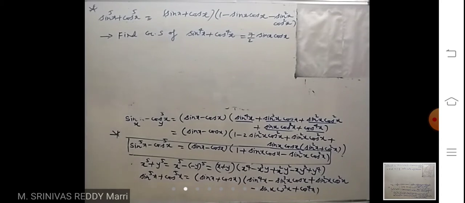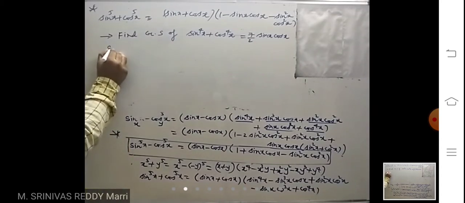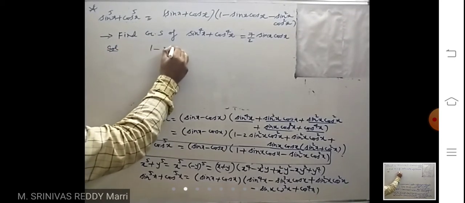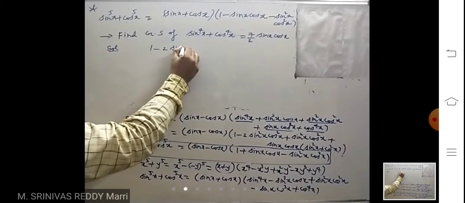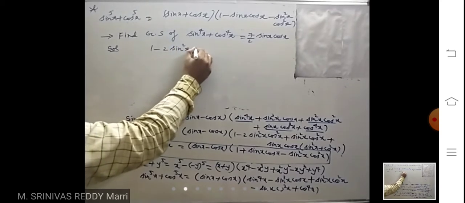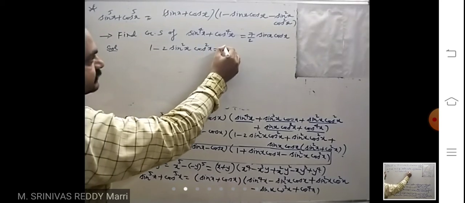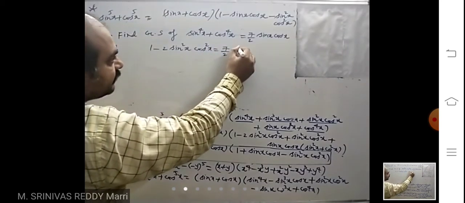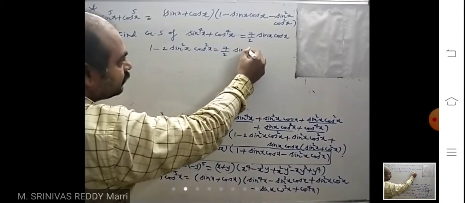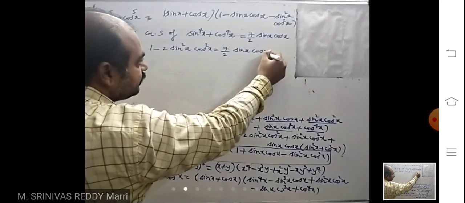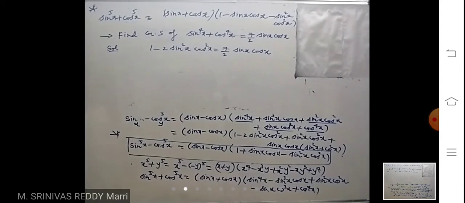You have to find general solution. Look, sin power 4x plus cos power 4x is 1 minus 2 sin square x cos square x. This is nothing but 7 by 2 into sin x cos x.